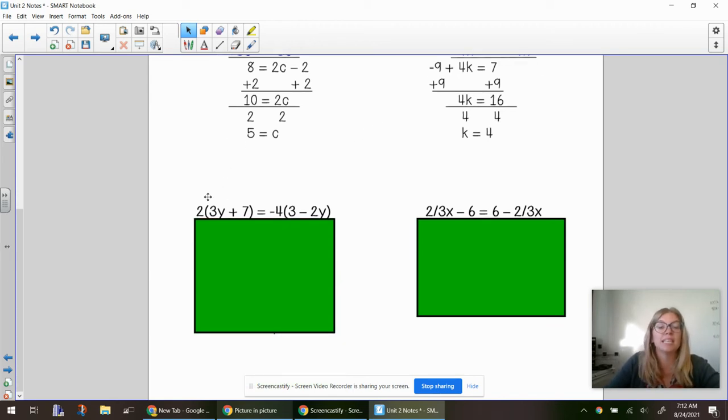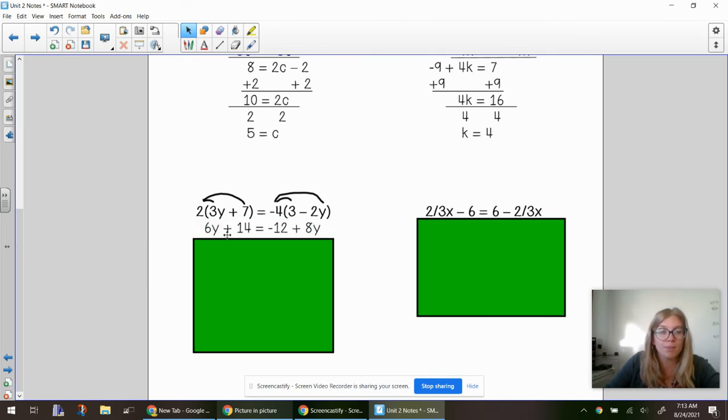This next example does require us to use the distributive property. So we're going to start by simplifying the distributive property. We're going to multiply the number on the outside times the terms on the inside. That's going to give us 6y plus 14 equals negative 12 plus 8y.